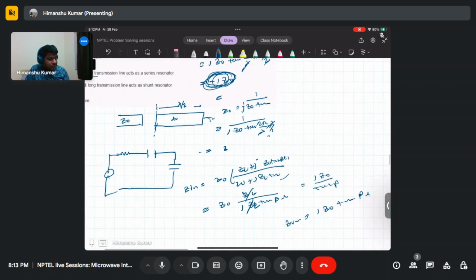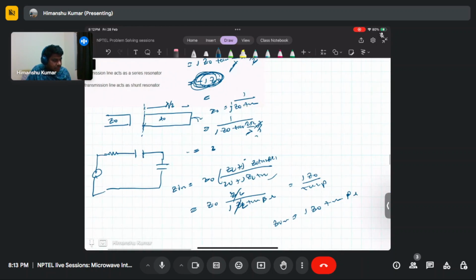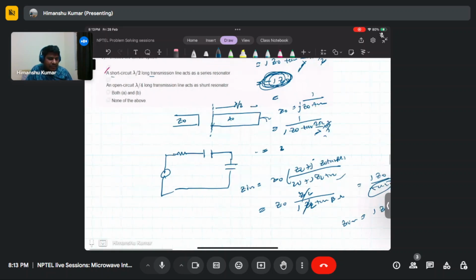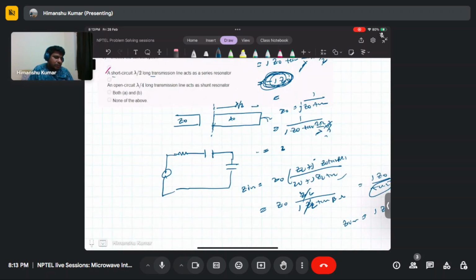The tan will become infinite, and your input impedance will behave like a short circuit line. So if you connect an open circuit lambda by 4 line in shunt, it's behaving like a short line.